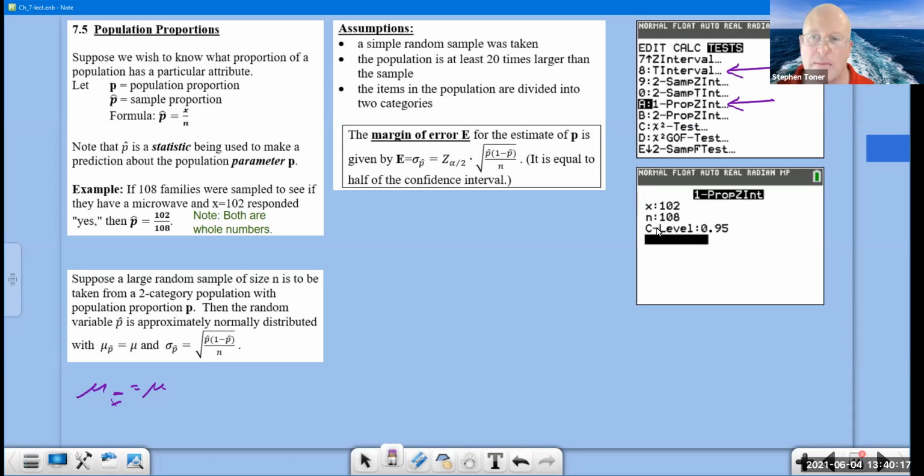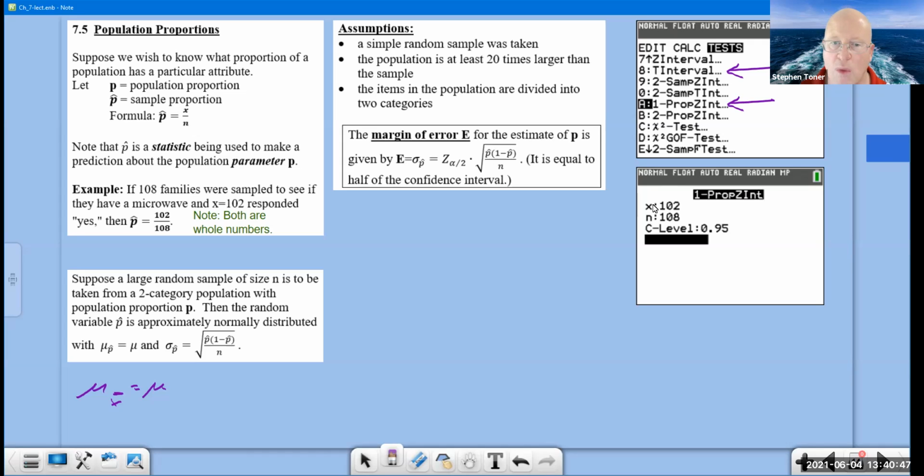Now, just to remind you here, we are inside of our test menu on your calculator. In the first video, we spent a lot of time in option number 8 doing the t interval. Now we'll be at option A, which is the 1-proportion z interval. Even though it's written as 1-PropZInt, I recommend you pronounce it as 1 proportion z interval, just to kind of train you that we're dealing with proportions when you're in that menu.